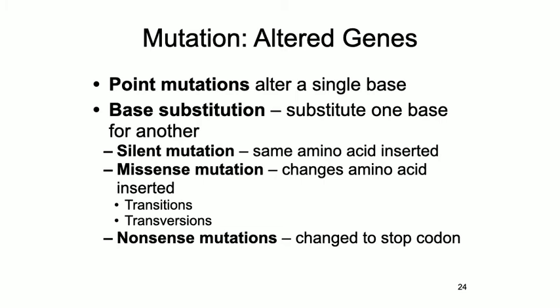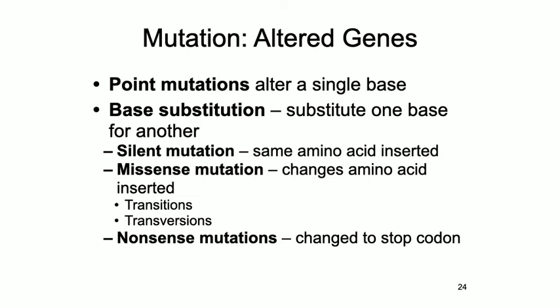And there can be nonsense mutations, which are often the worst ones because that is when instead of an amino acid being inserted, there is a stop codon instead. So whatever the point mutation was, base substitution, the base that substitutes makes the codon into a stop codon instead of coding for an amino acid.